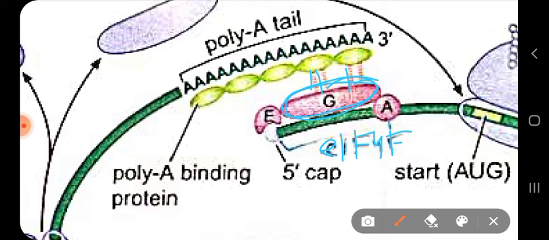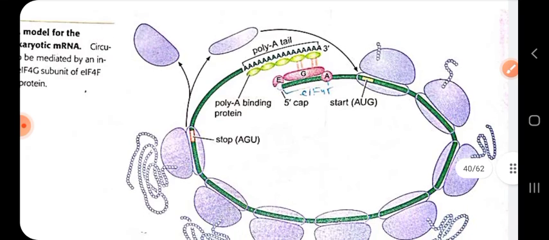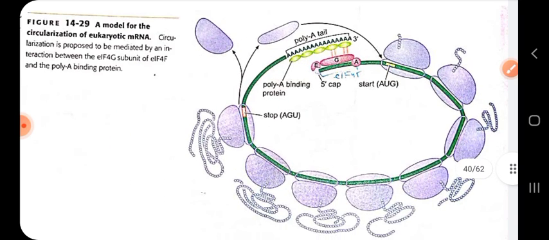It can interact with the poly A binding protein, which is found on the poly A tail and coats it. So this interaction between EIF4G and the poly A binding protein causes a circular configuration of the mRNA, right?